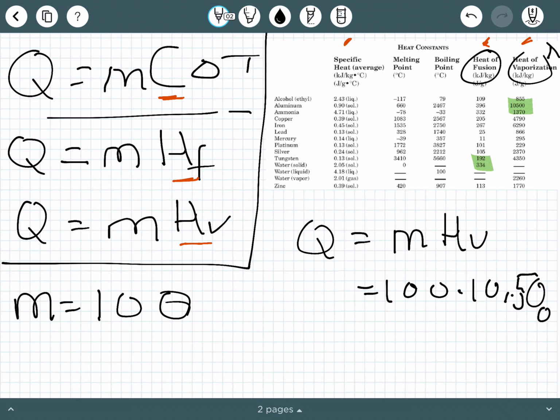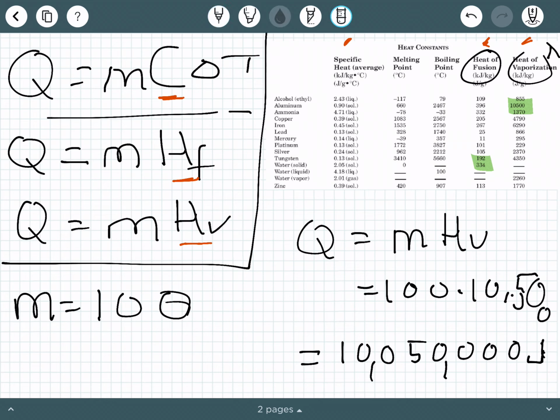Okay, so I'm just going to do that multiplication. 100 times 10,500. Hopefully you guys do not need a calculator for this. And you're going to get 10,500,000. What unit? A joule is our unit.